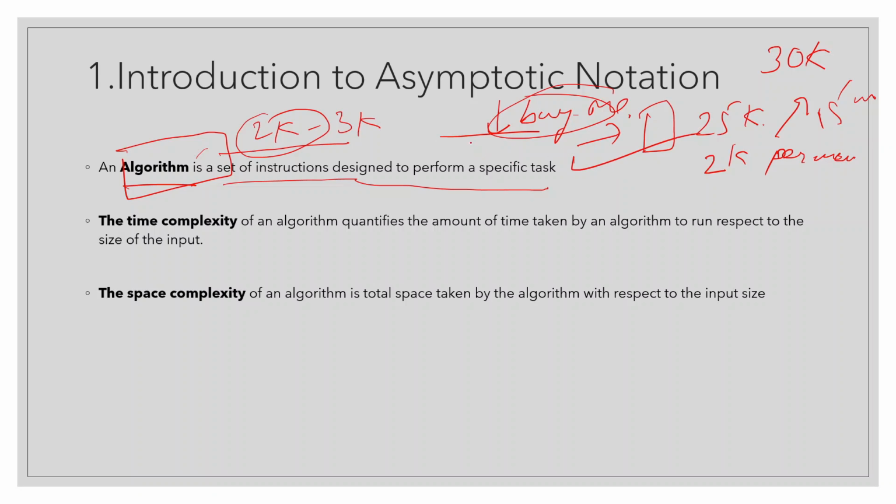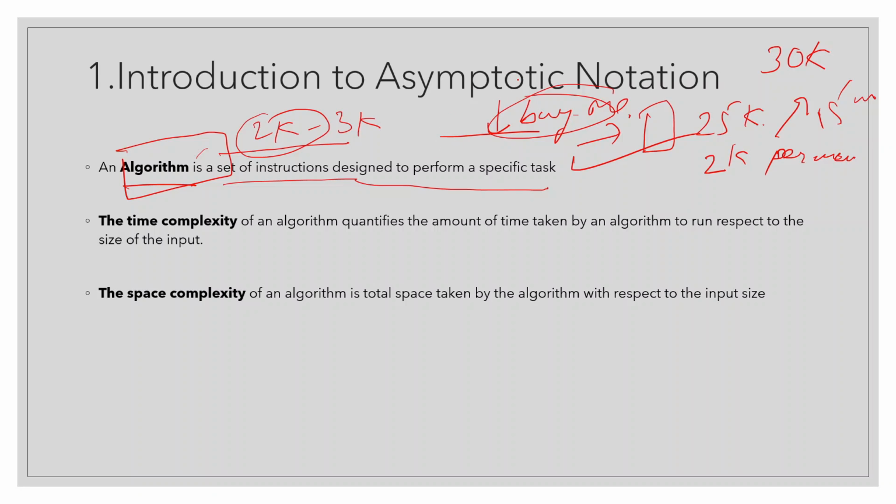Next is complexity. Time complexity is similar to time: if you perform something, you spend some time, and an algorithm works the same way.